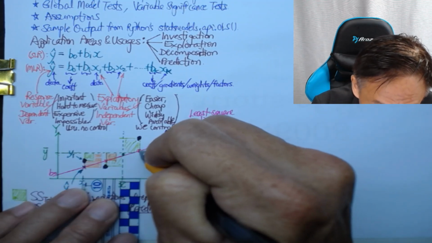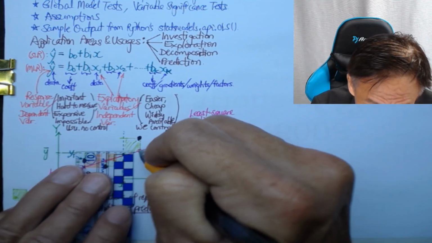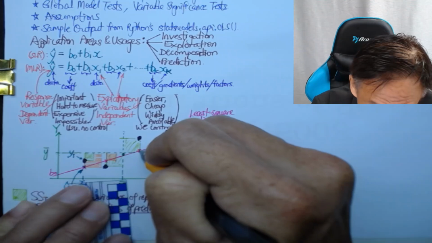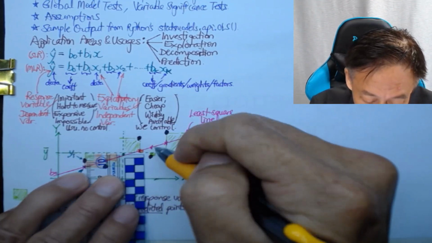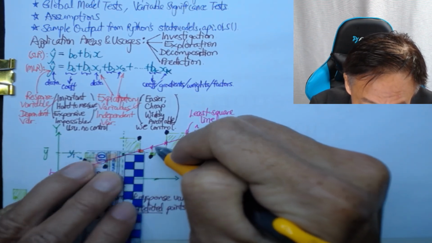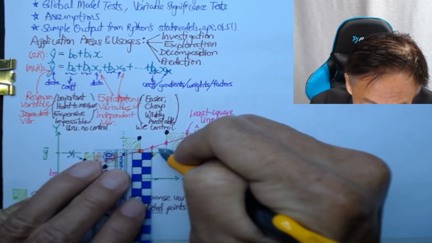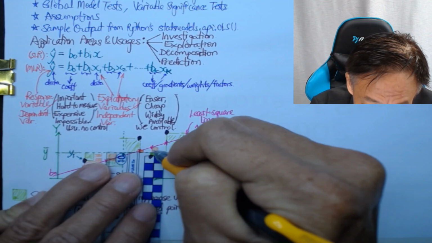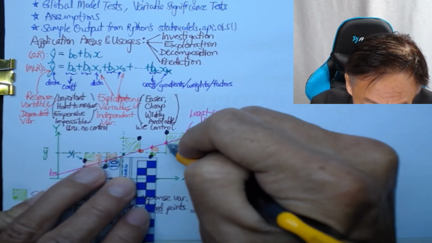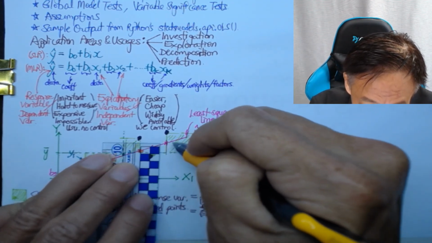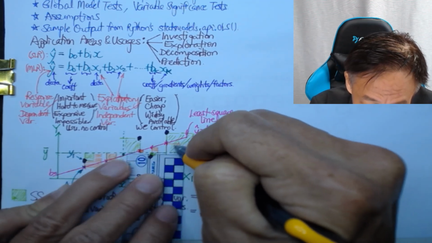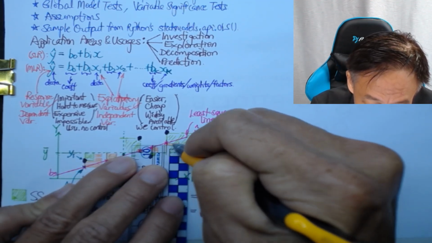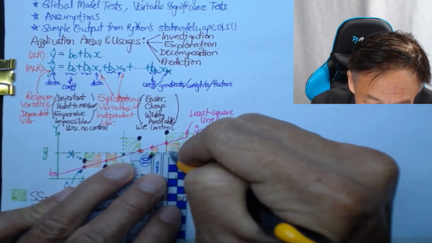Now our y hat, sorry, is now very close to the y bar. This is now very close to, but now at least we can see visibly, right? And this is also having the same line, but we can see that it is able to stand on its own here.